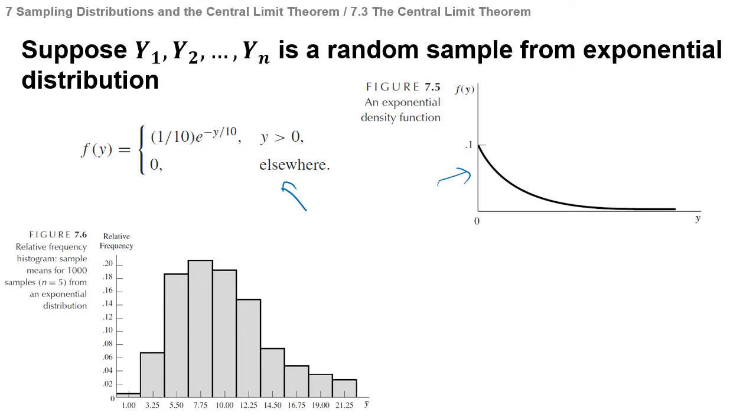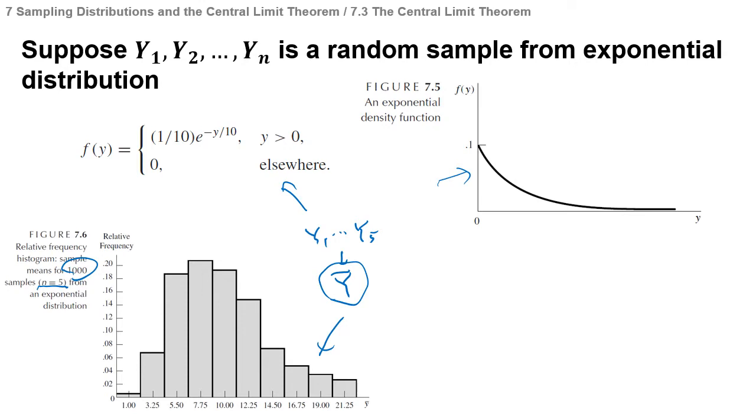If we calculate the sample mean with n equals 5, we take a random sample of 5 numbers, Y1 to Y5, and calculate the mean Y bar. We calculate Y bar 1000 times and make a histogram. Then the histogram looks like this.